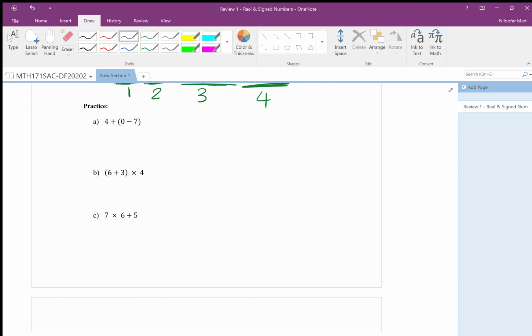what should I do here? Bracket is first, so I need to do this one first and this one next. For the first quiz, if I give you a question like BEDMAS here, many operations, I want you to show me 1, 2, 3, 4, 5, 6 on there, because then I know you understand the order.